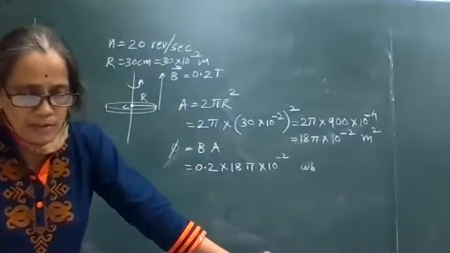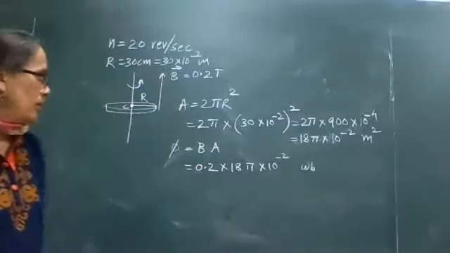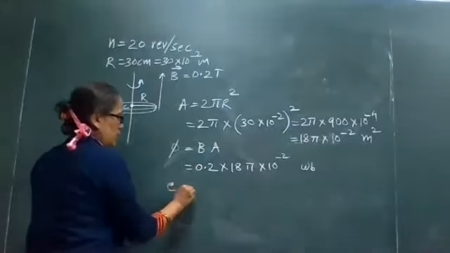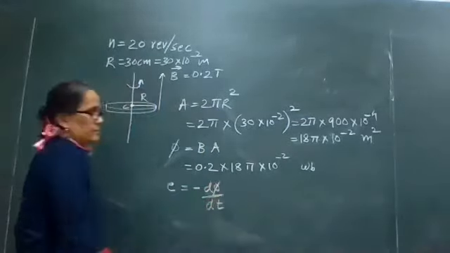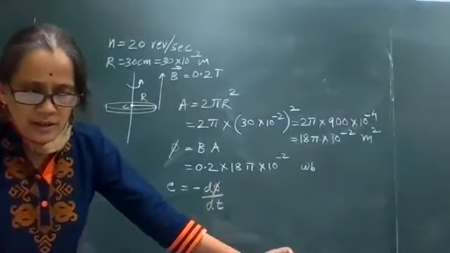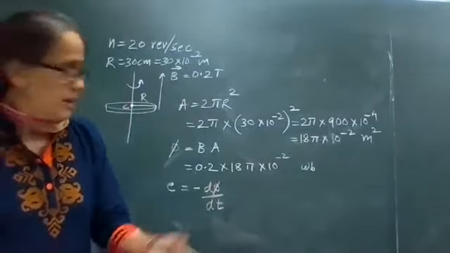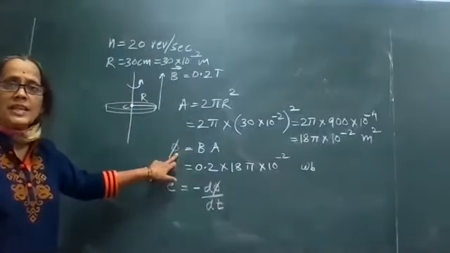What is induced EMF? Induced EMF is equal to, according to your Faraday's law, can anybody remember the formula? Faraday's law, E is equal to minus d phi by dt. So that is nothing but your flux per unit time. Here, already you have to find out this flux per second.